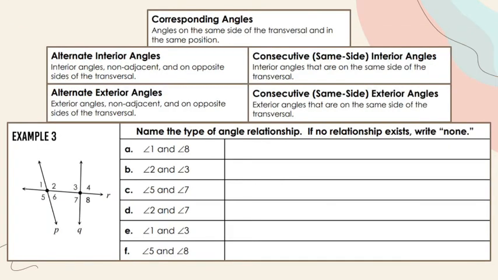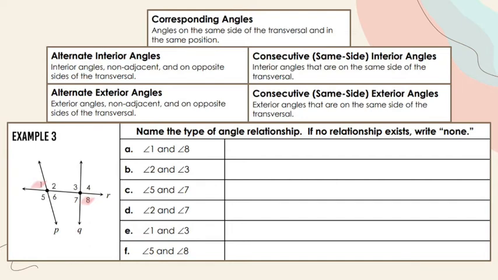All right, example 3, part A, angle 1 and angle 8. That's this one and this one. So first of all, we should ask ourselves, are they corresponding? Are they in corresponding positions? And the answer is no. 1 and 3 would be corresponding, or 6 and 8 would be corresponding, but 1 and 8 are not in corresponding positions.